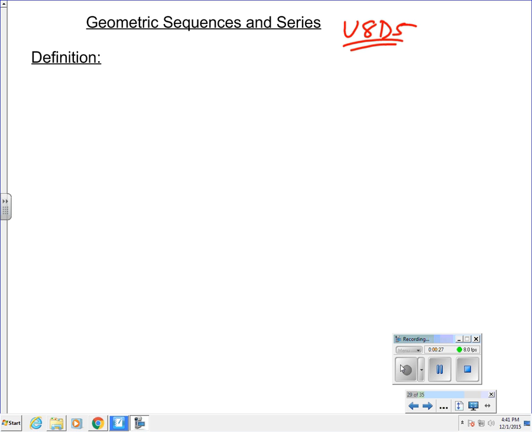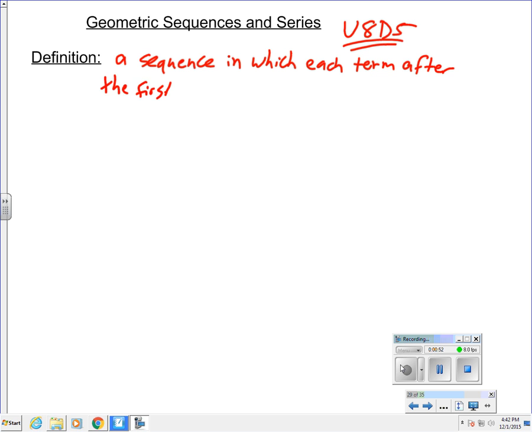So our strict definition for it is going to be a sequence in which each term after the first term is obtained by multiplying the preceding term by a fixed non-zero constant, which means by the same number.